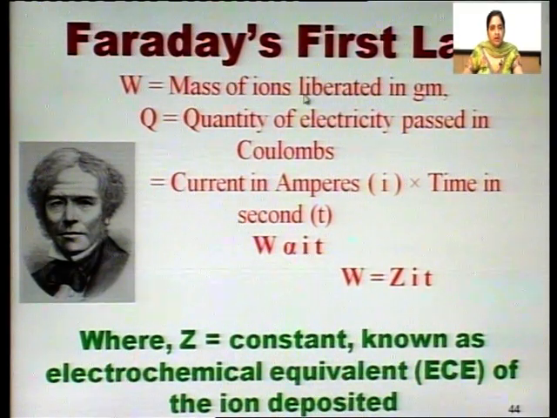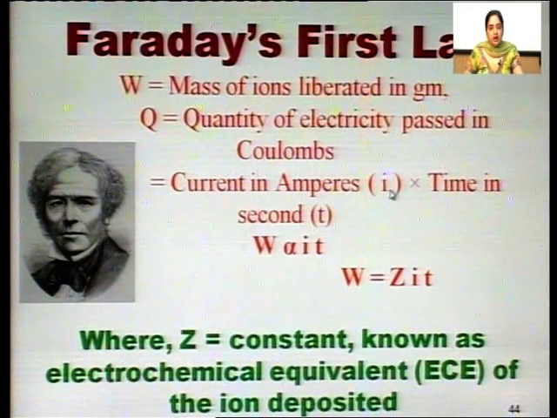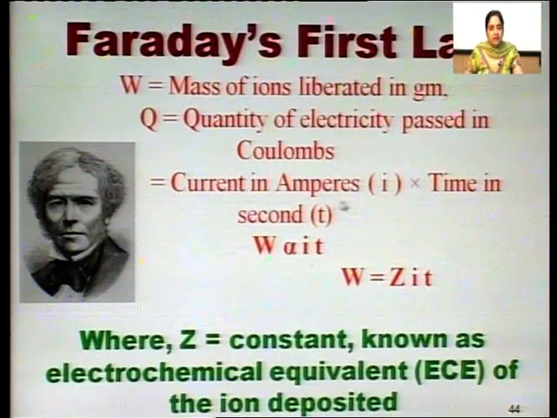W is the mass of ion liberated in grams. Q is the quantity of electricity passed in coulombs. Now Q is equal to I T, where I is the current in amperes and T is the time in seconds.